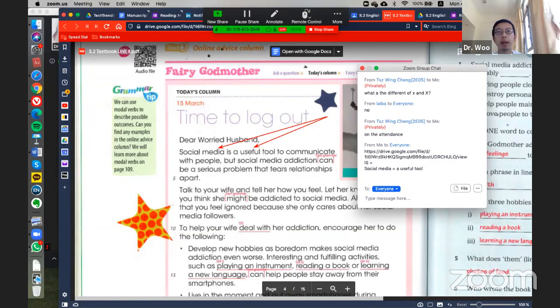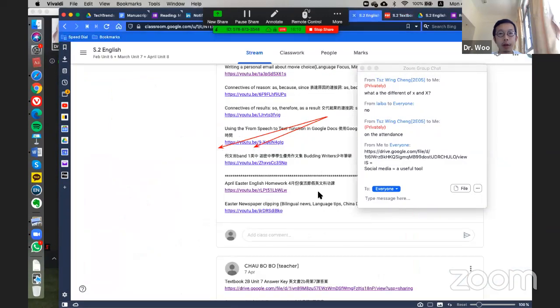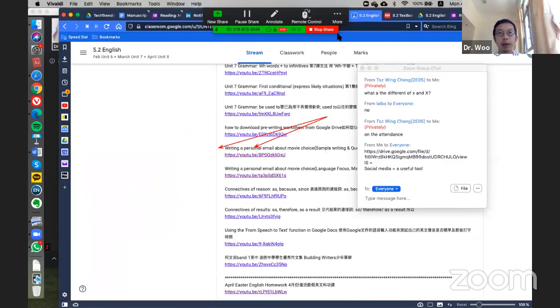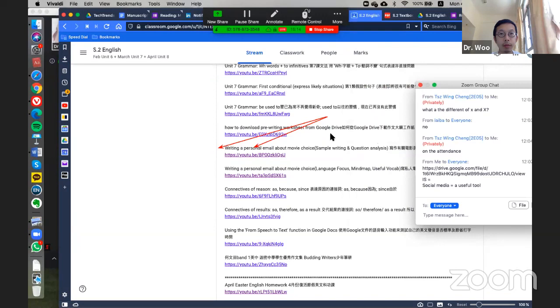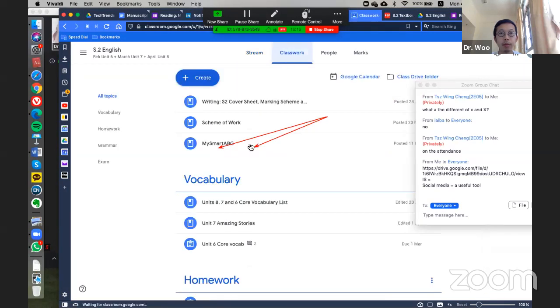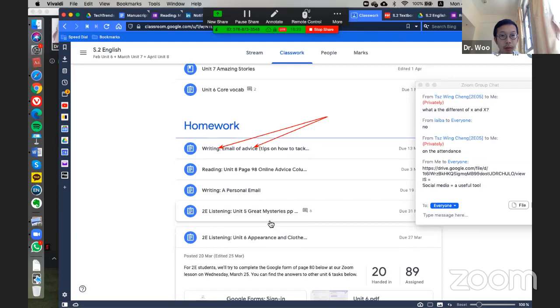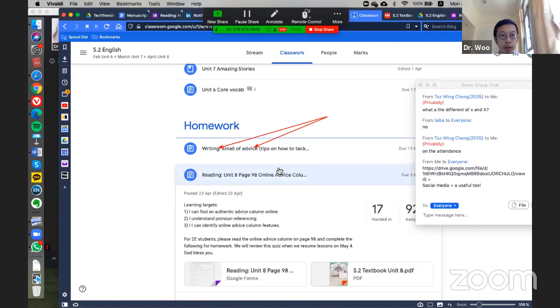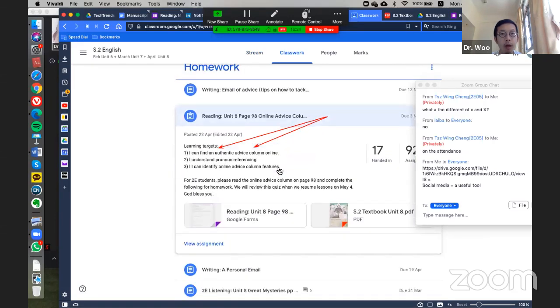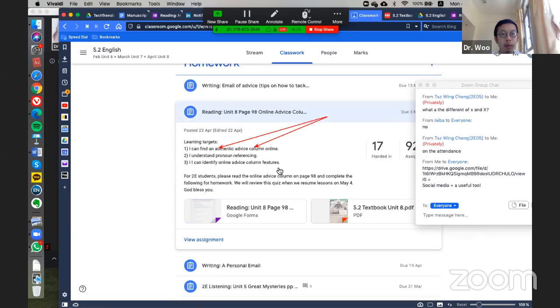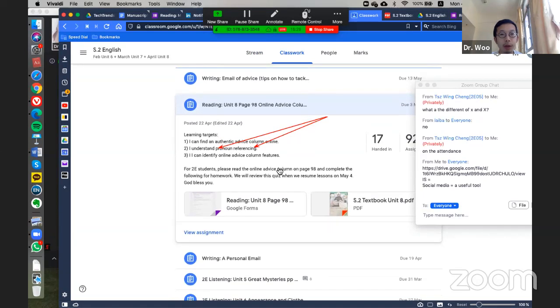Before I forget, let me reemphasize what the learning targets are. So the learning targets of this exercise are one, actually, they're more specific targets.